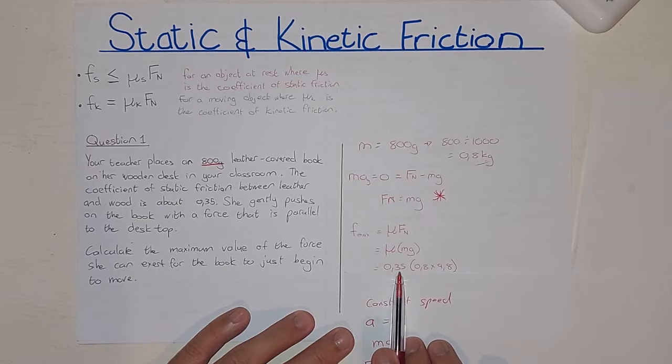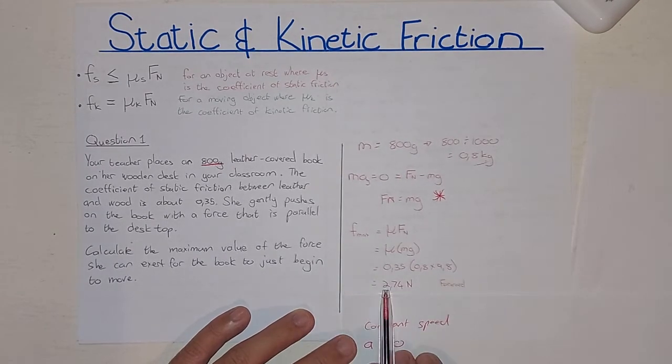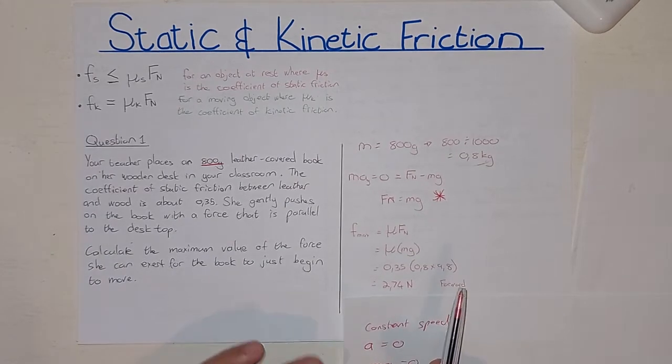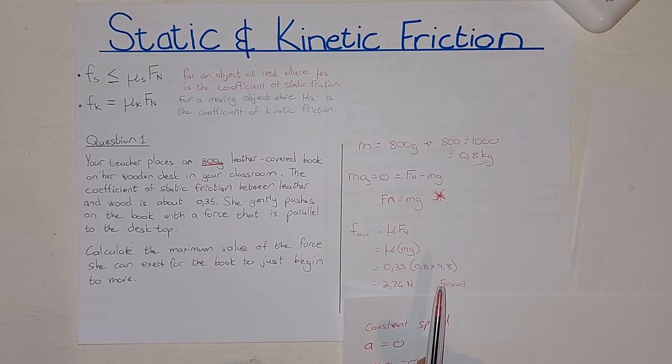So 0.35 times my mass times my gravity is going to give me a value of 2.74 newtons forward. That is the amount of friction that is going to be applied just before it can actually move. Notice I put forward because we're dealing with newtons, which is a vector, not a scalar.